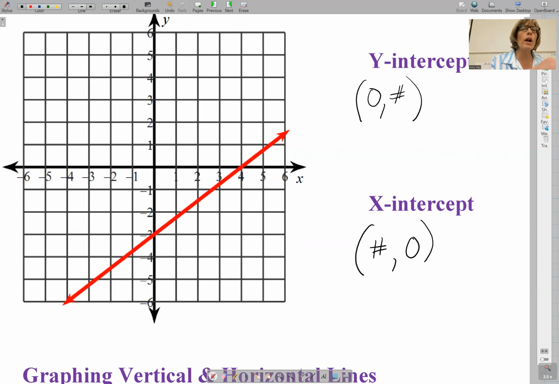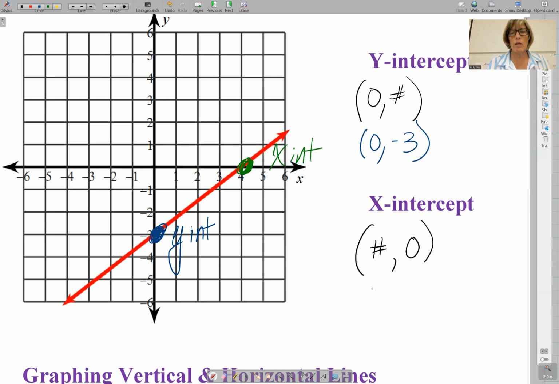So for this line right here, the y-intercept is going to be (0, -3), and your x-intercept is going to be (4, 0).